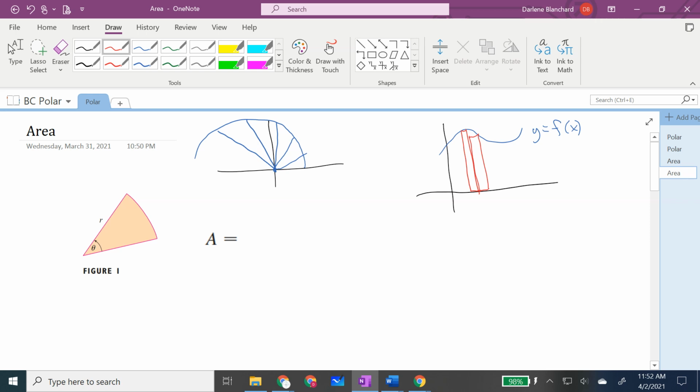When it comes to polar, we use areas of a sector of a circle. And back when we were dealing with the rectangles, we chopped the x-axis up into tiny little pieces. This time, we are taking theta and chopping theta up into tiny little pieces.